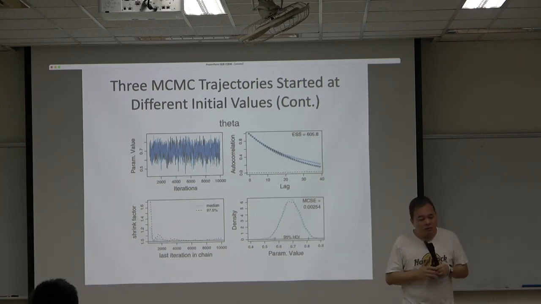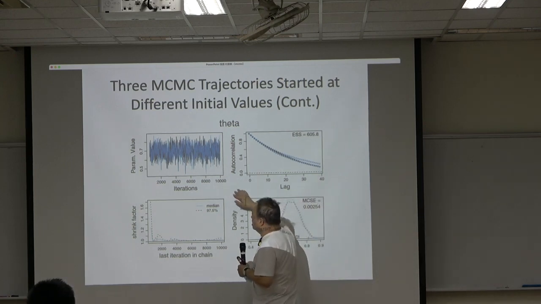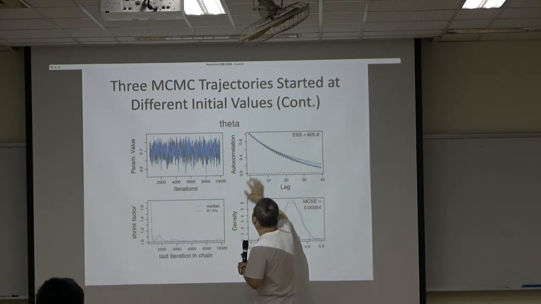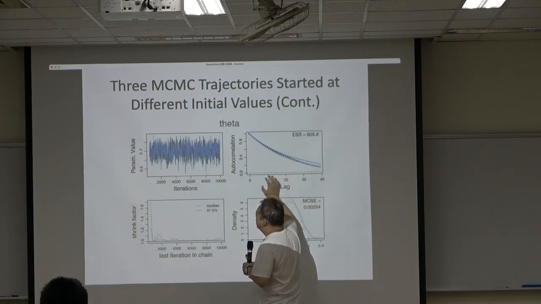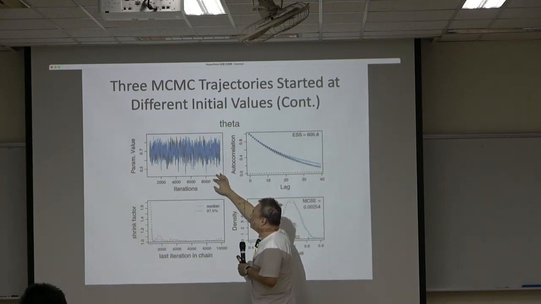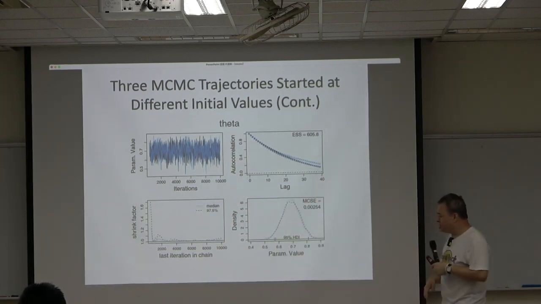So we have these two, but we didn't have the lower left, this shrink factor, and we didn't have this autocorrelation. The upper left one and the lower right one should be relatively easy for you to understand. The lower left one is called the Gelman factor, or shrink factor.